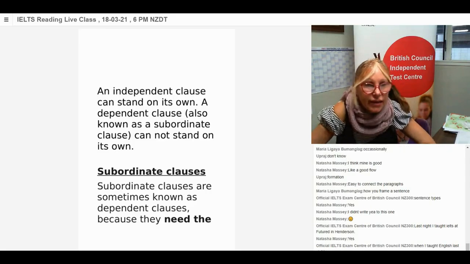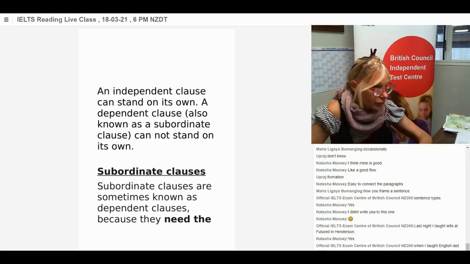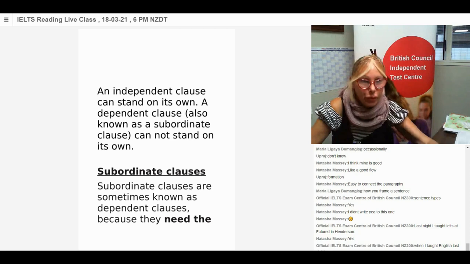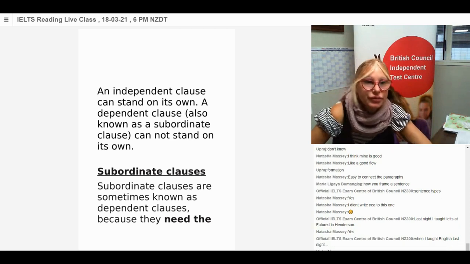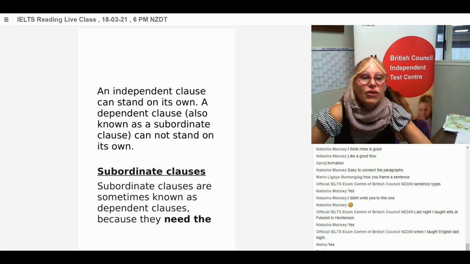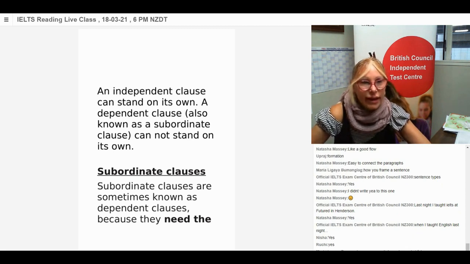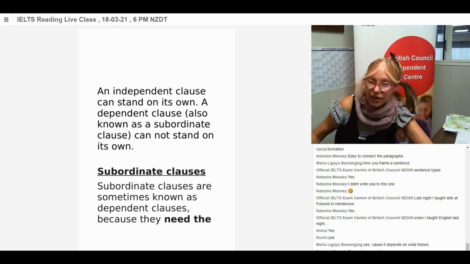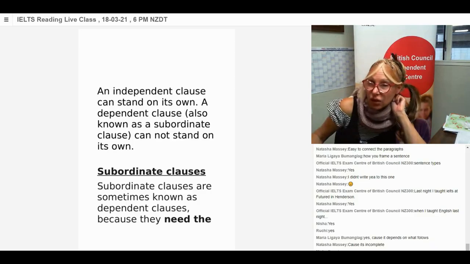Can you see that is not a complete sentence? Why not? Right, well done. Yeah, so it's incomplete and it will depend on what follows. So we need more information, right? So that's what's called a dependent clause.